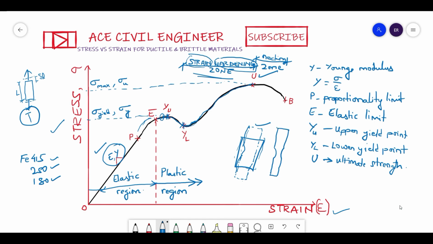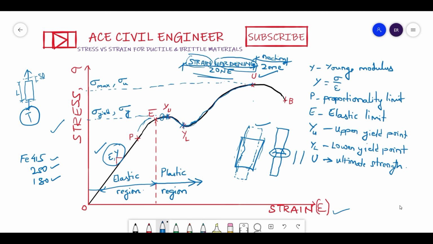Then what happens? The strength at this location will slowly decrease as the cross-sectional area is comparatively lesser. So as the cross section is lesser, the strain also will try to increase. So here you will see some strain, and all of a sudden you will see a break at this point. That break would be something like a cup and cone action.